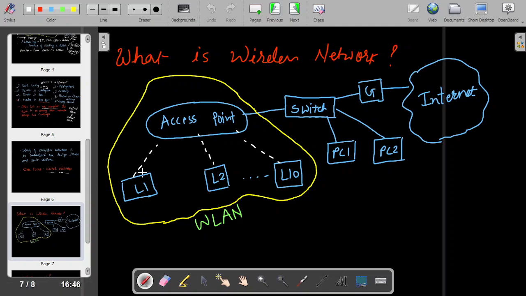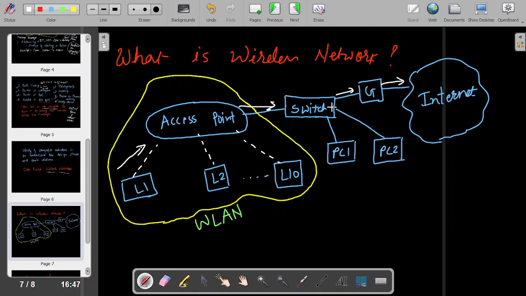So whenever you turn on Wi-Fi in laptop L1, you get connected to an access point. Whatever packets come out of your laptop go to the access point, and from the access point they go to the switch, and from the switch they go to the gateway and then to the internet. So this portion is known to you.